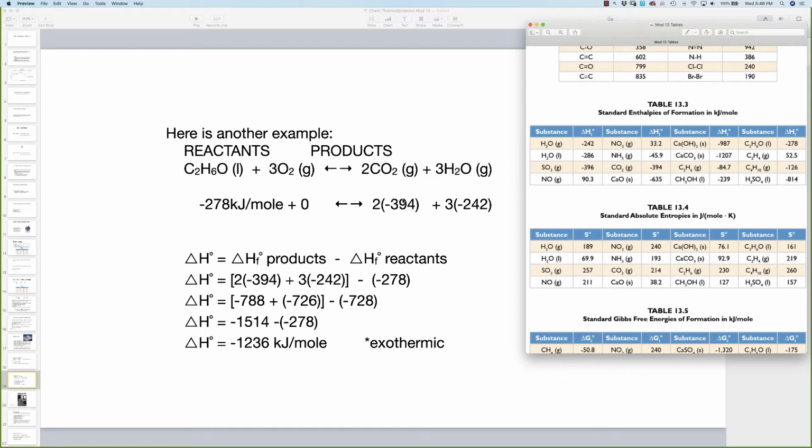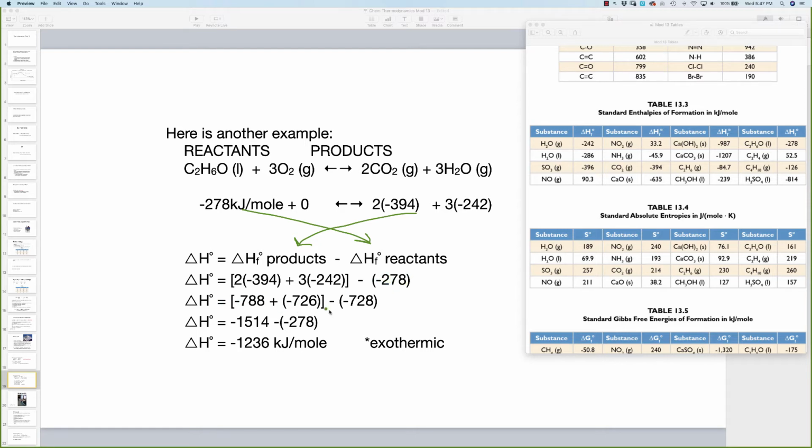Okay. Again, we crisscross here, so our reactants come over here, and the products over there. So we have 2 times negative 394 plus 3 times negative 242 for the products, subtracting our reactant, which oxygen is 0, so that just leaves us the negative 278.